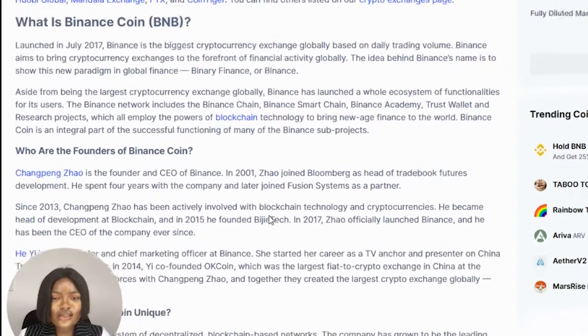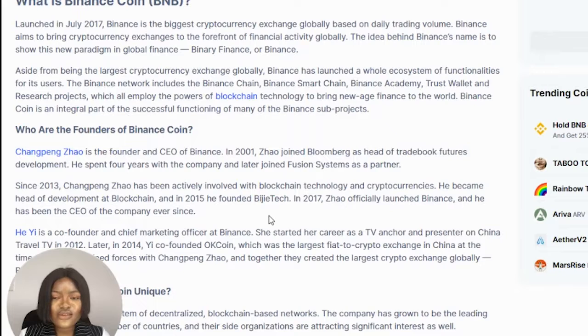Now, the next thing you go to is the founders of the project you want to go for. Changpeng Zhao founded Binance in 2017. In 2001, he joined Bloomberg as the head of Tradebook futures development. He spent 4 years with the company and later joined Fusion Systems as a partner. Actively involved with blockchain technology and cryptocurrency, he became head of blockchain.